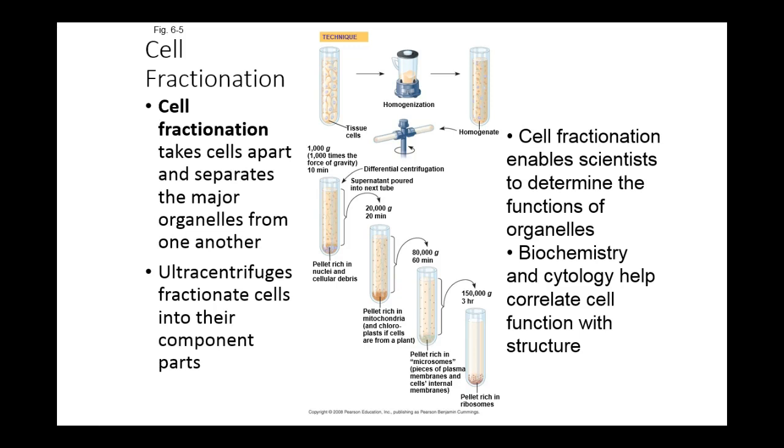Biochemistry and cytology help correlate cell fraction with structure. So once it's looked at and you can see what it looks like, biochemistry then can come in and say, well, this is why it looks that way, because this is the function of that particular organelle.